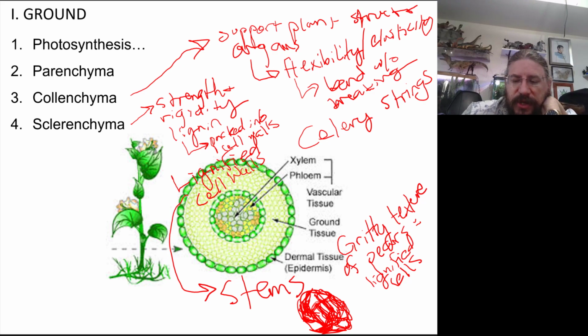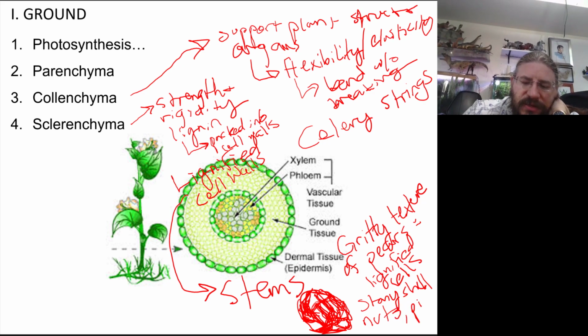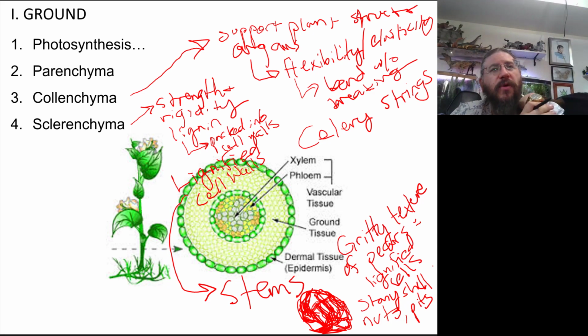That's not too terrible. So, the pits, the stony shell in nuts and pits, although sometimes the word pit is not a botanical, proper plant anatomy term.